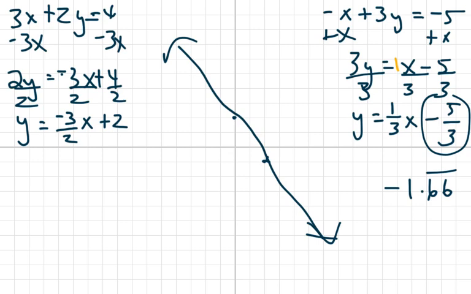And so when I go to graph it, I've got to put my y-intercept at negative 1.6 repeating. Maybe it's right about there. It's just not great. Okay. And so when you go to graph it, there's a certain amount of inaccuracy with it.